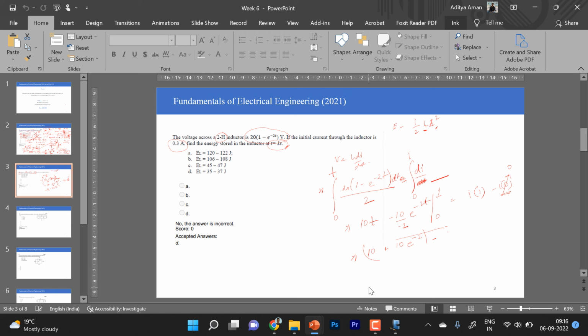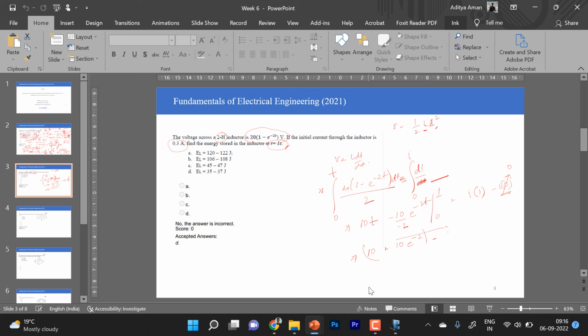Now you need to substitute in the values of these limits. Once you substitute them, you will have the value of current I at time t equals 1. I'm hoping it's clear to you.